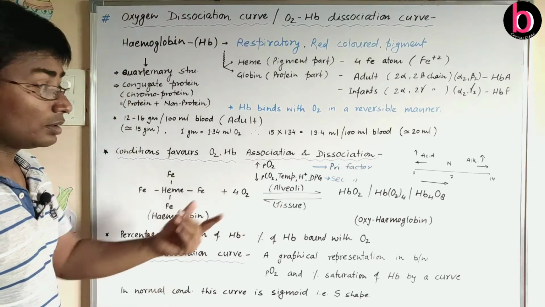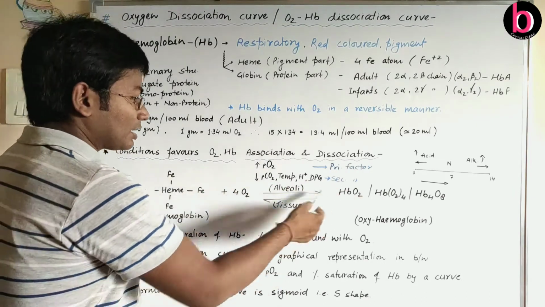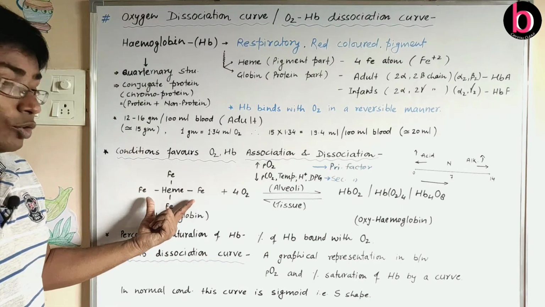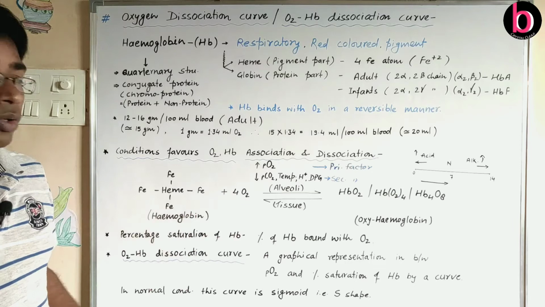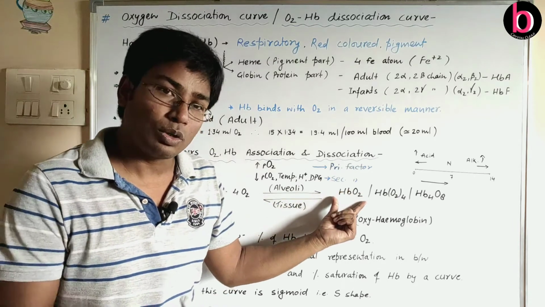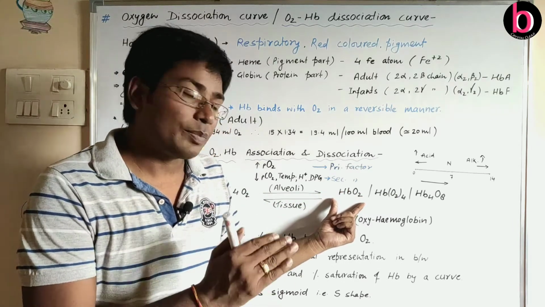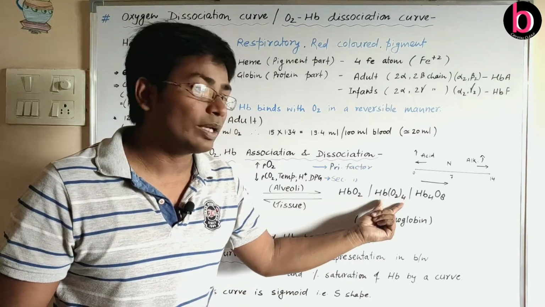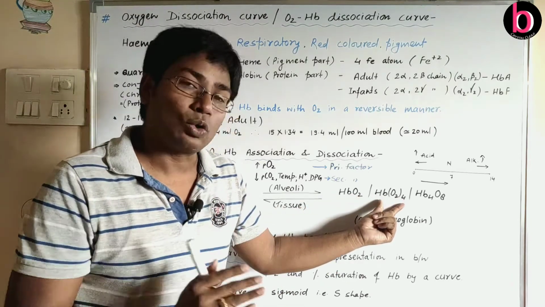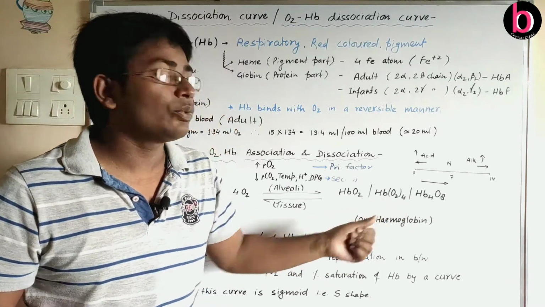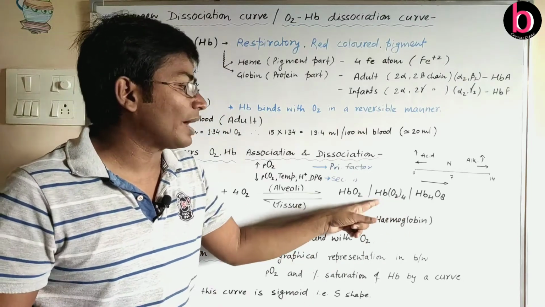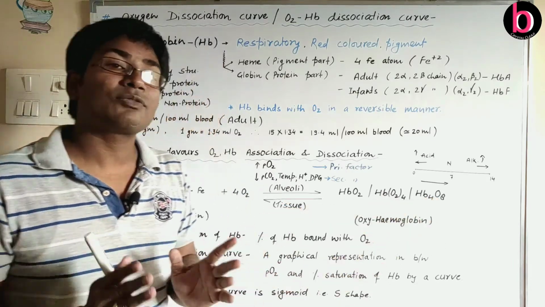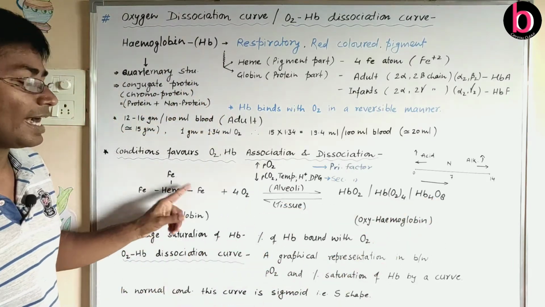Now, when this oxyhemoglobin forms, we can simply denote this as hemoglobin Hb plus 4O2. So this is HbO2 in simple terms, that is oxyhemoglobin, or this can also be represented as Hb(O2)4. Why? Because 4 oxygen molecules are bound with hemoglobin, as in hemoglobin there are 4 iron atoms.